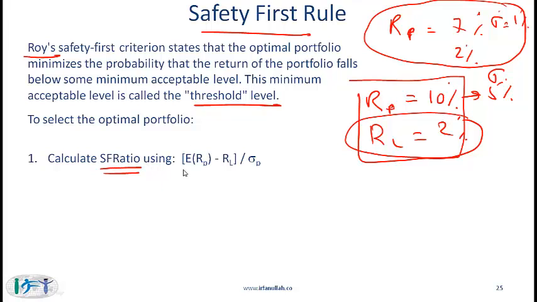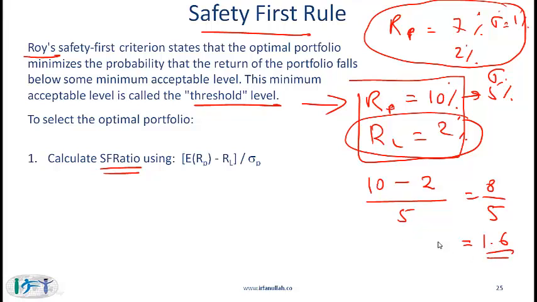Let us compute the safety first ratio for this portfolio. That is simply going to be the expected return on the portfolio, which here is 10%, minus the threshold level, which is 2%, divided by the standard deviation of the portfolio, which is 5%. So here we will have 8 divided by 5, which is equal to 1.6.